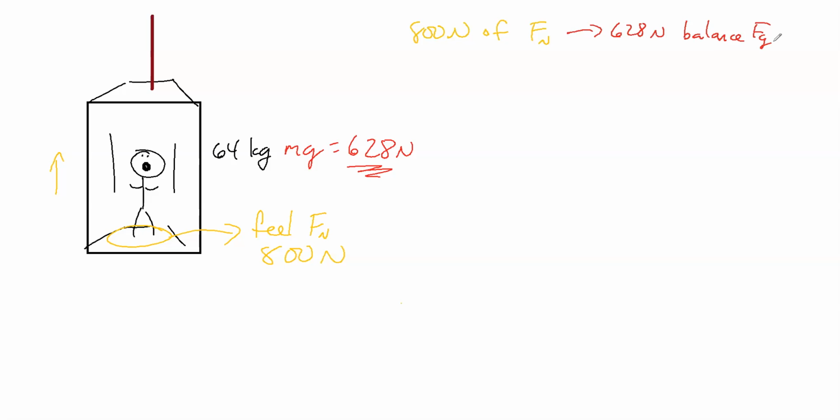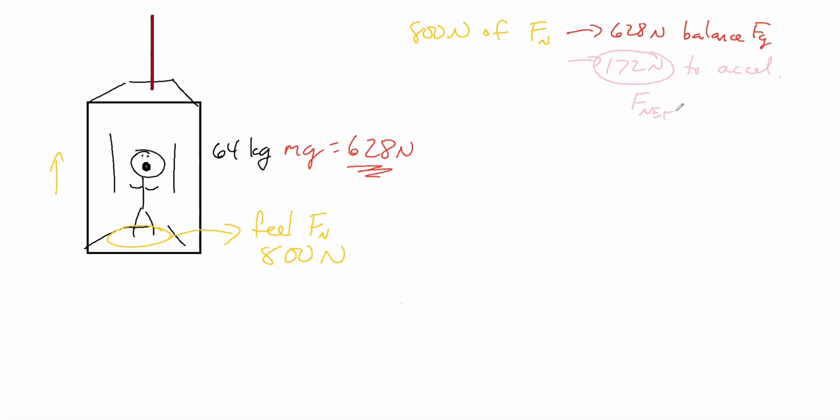It's pushing with more than that. It's pushing with an additional 172 newtons in order to accelerate. So there's 800 newtons of normal force on the guy's feet: 628 is just to balance off gravity, plus an additional 172 to accelerate him upwards. So this would be the net force.